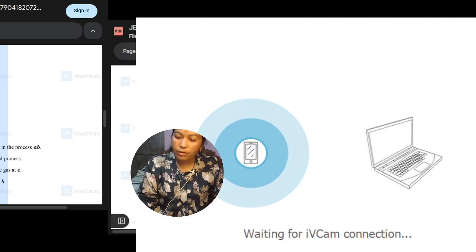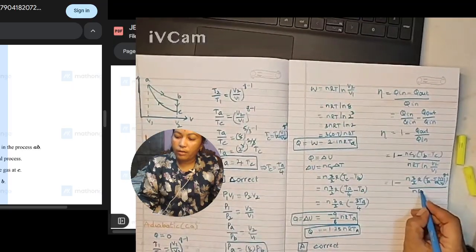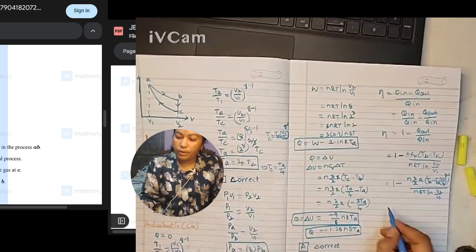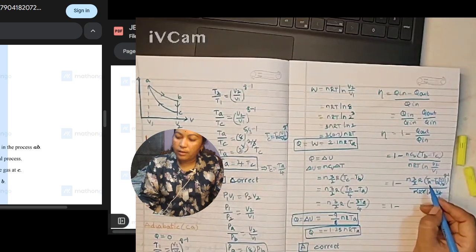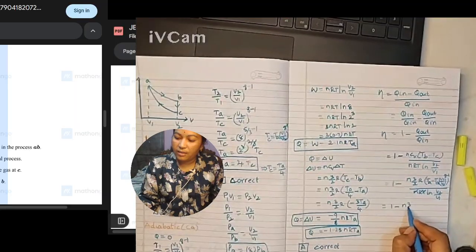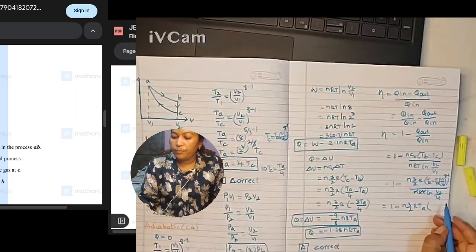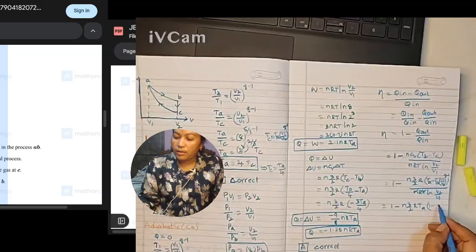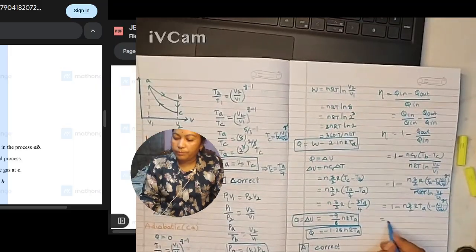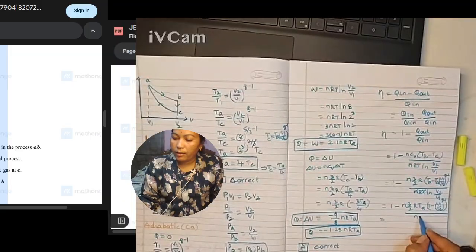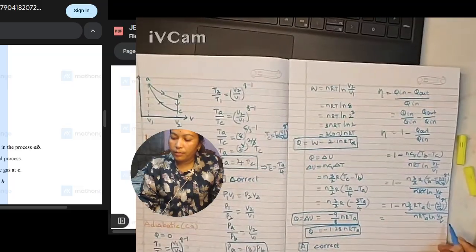This is equal to 1 minus n 3 by 2 R times TA, taking out TA, 1 minus V1 by V2 to the power of gamma minus 1, over nRTA logarithm V2 by V1.